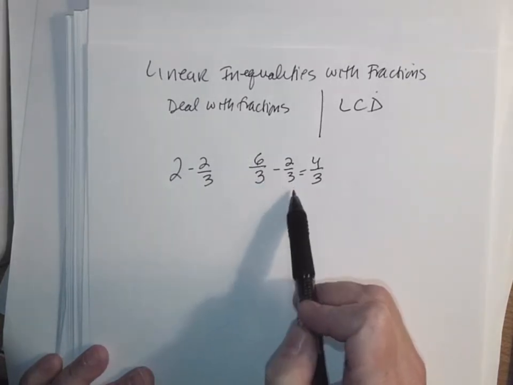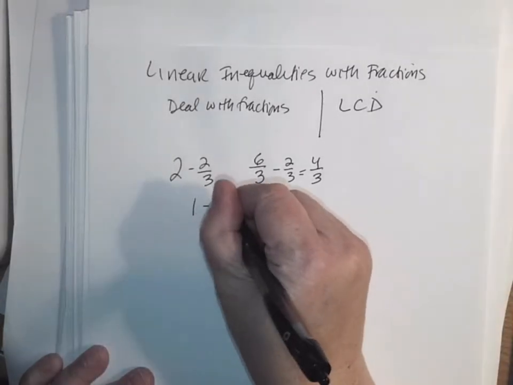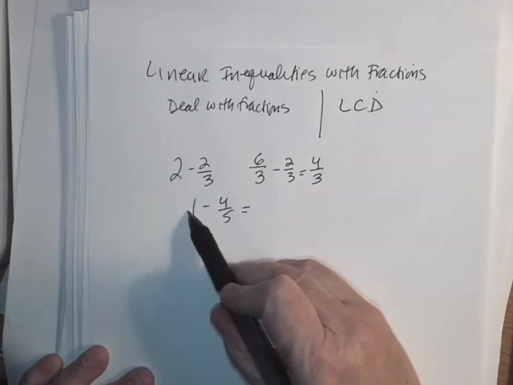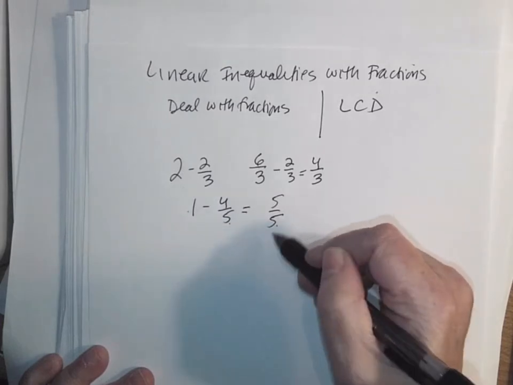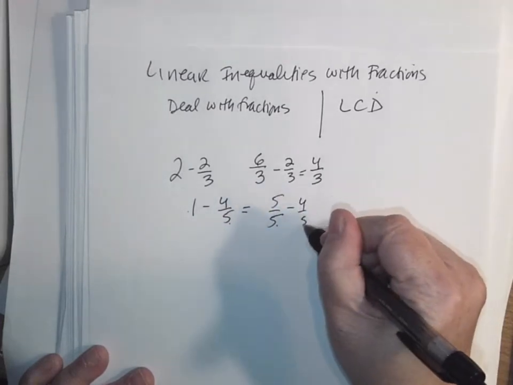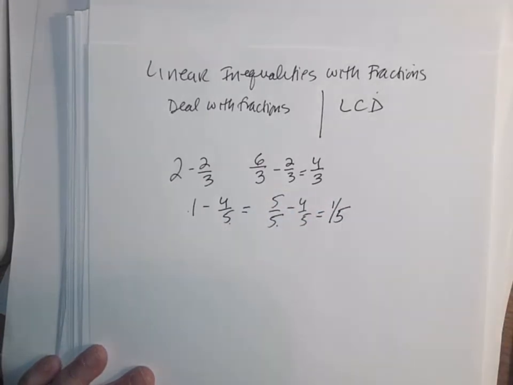If I had a 1 minus 4/5 and I wanted to do that fraction, I need to change that 1 into 5 over 5 because that shares the same denominator, and that still means 1, minus 4/5, and that equals 1/5. Okay?